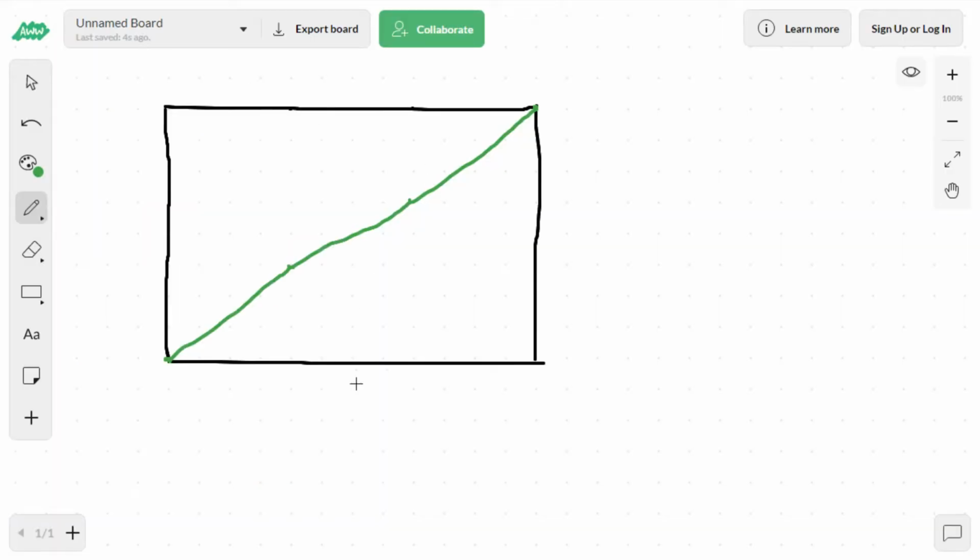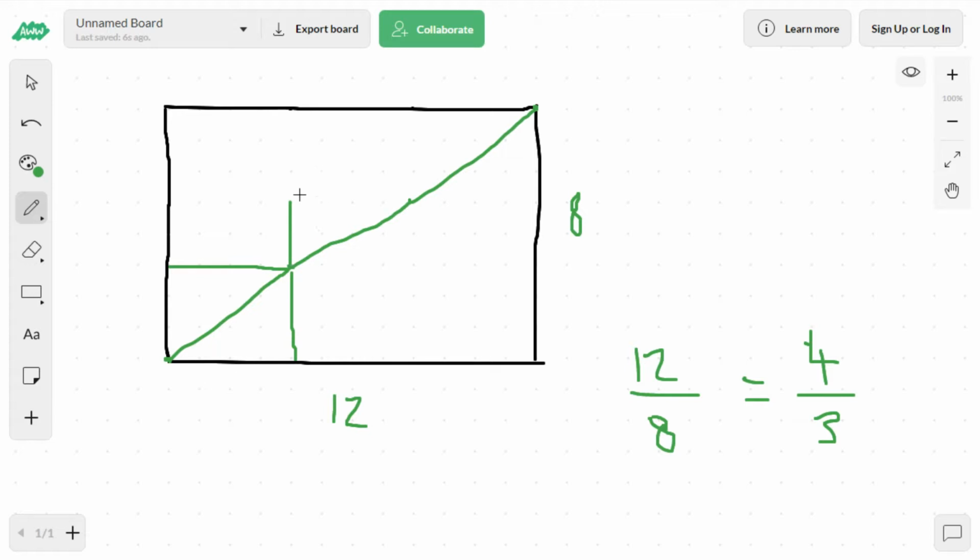And if you think about it, 12 by 8 would also reduce to 3 by 4. What I mean by that is 12 divided by 8 is equal to 4 divided by 3, actually. Okay, cool. So we've got this situation happening. They're proportional to each other. So it's kind of like we have a smaller version of the original problem.